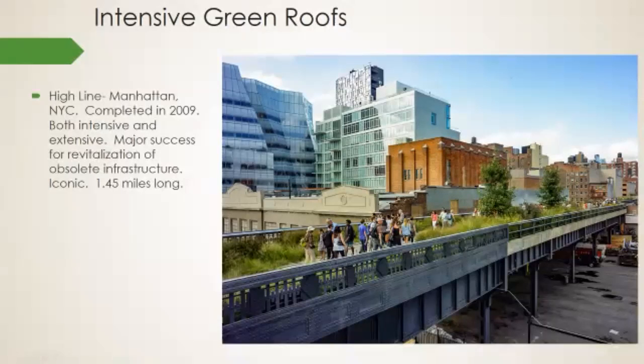It's a must-see location to visit if you get the chance, if you're in Manhattan. It's a repurposed train line that was urban blight that they repurposed into this amazing public park area, and it's about 1.45 miles long, so it might be the longest green roof in the world. It might hold that record.